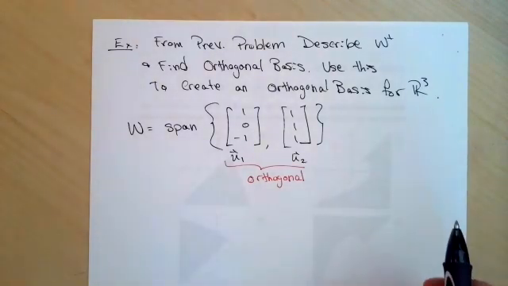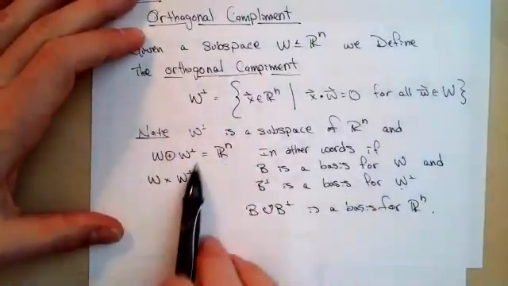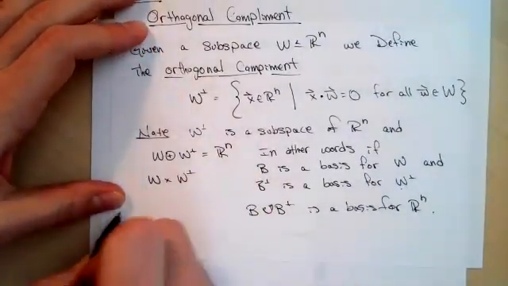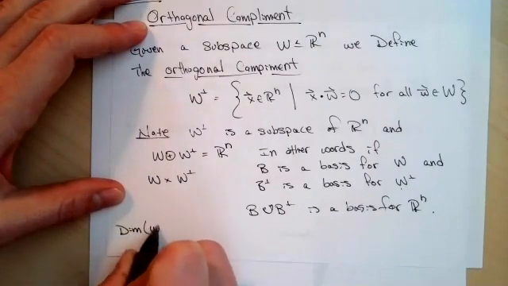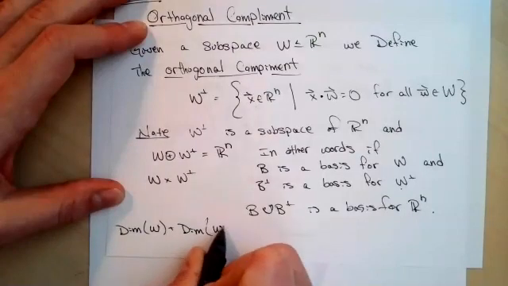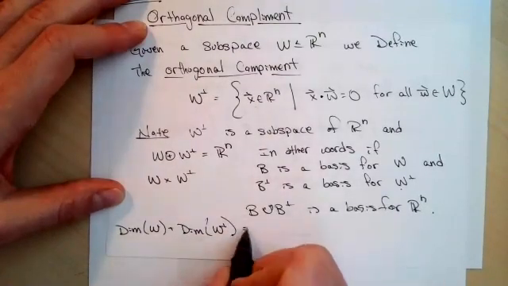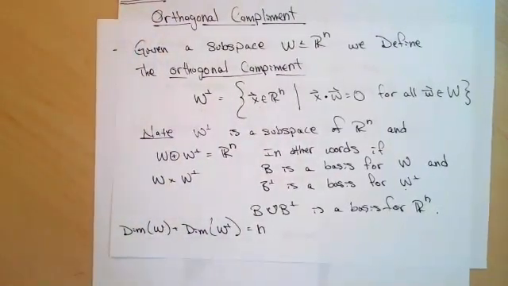So I guess also to note from this, essentially what this means in terms of dimension is that the dimension of W plus the dimension of W perp is always going to be the dimension of the full space that they sit in.